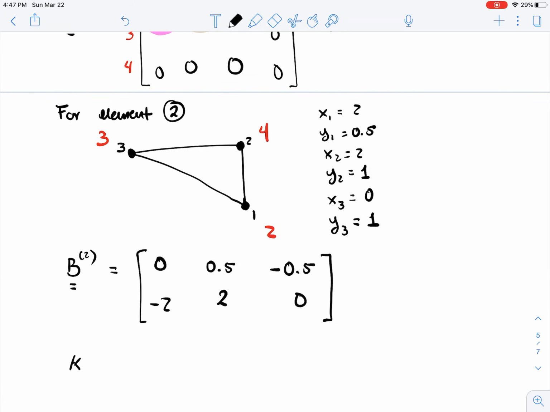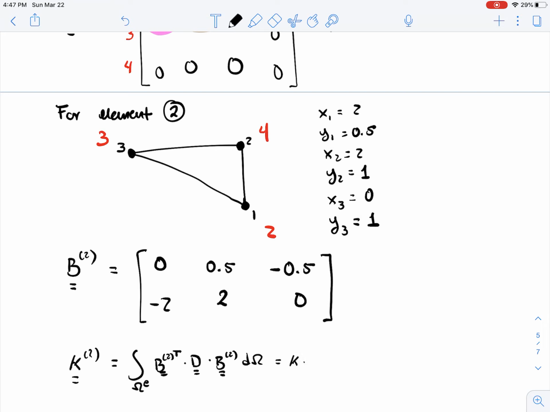Given the B matrix, I also need to calculate the stiffness matrix for this element. This is again the integral over the element of B2 transpose times the conductivity matrix times B2. Like I said, the D matrix is the identity multiplied by K, and the B matrices are constant.